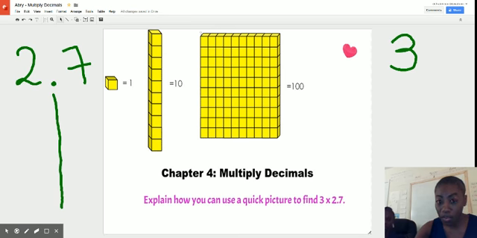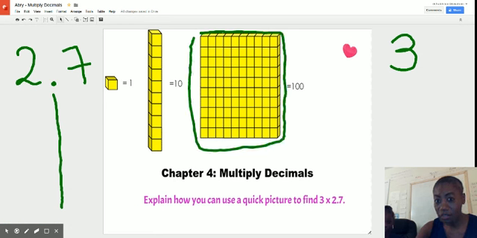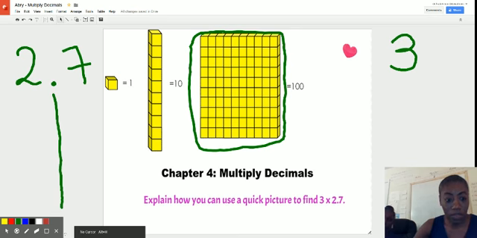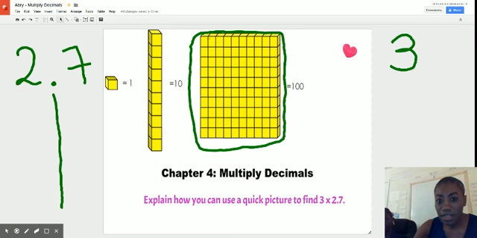So all of this represents a whole. Right? And then let's look at it and say that now we have what? 1/10. That's just a part of it, right? This piece of the whole is 1/10.